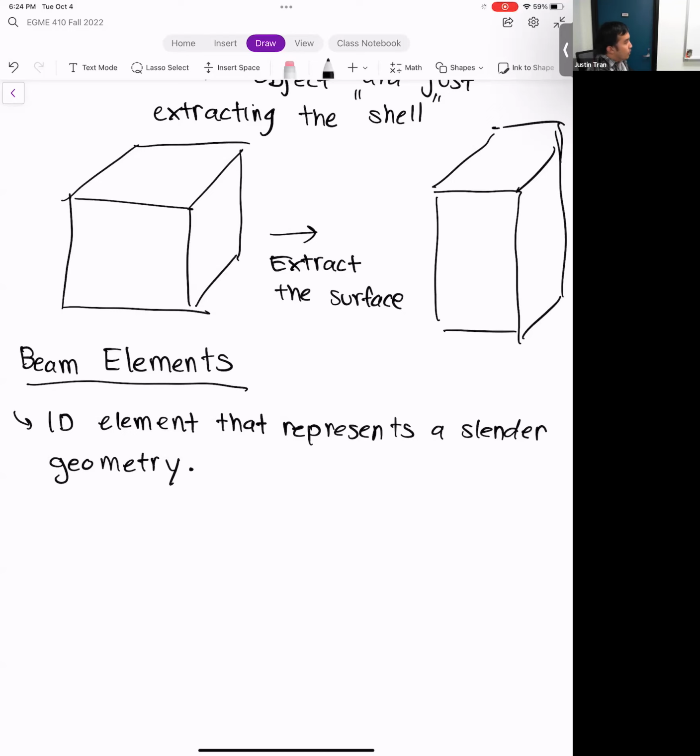Compared to shells, beams are a lot lower-dimensional. A 1D element just has 2 nodes, so it's simply a line segment.